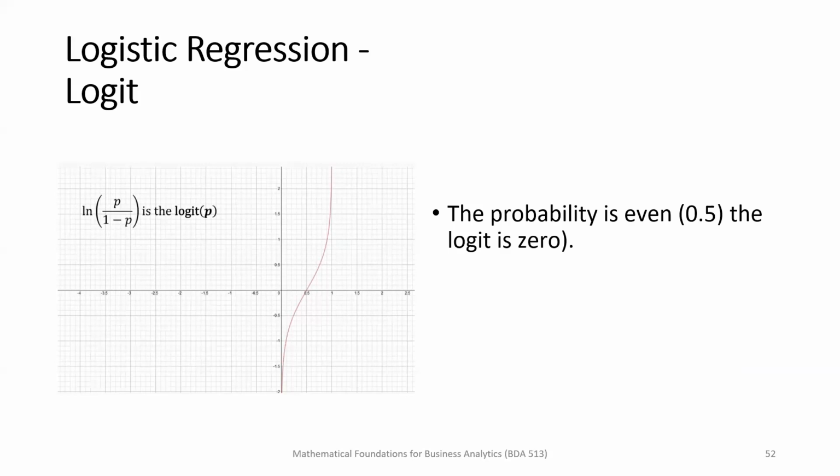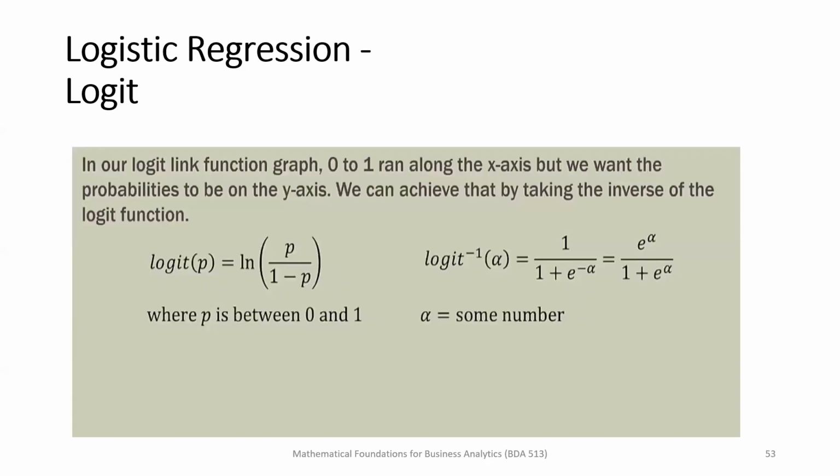Currently the x-axis is the probability and the y is the logarithm scale, but we want to turn it so that the y becomes the probability and the x becomes the logarithm scale. Is that okay?